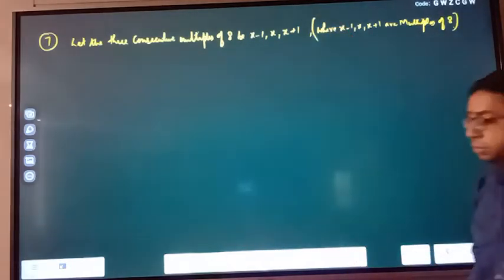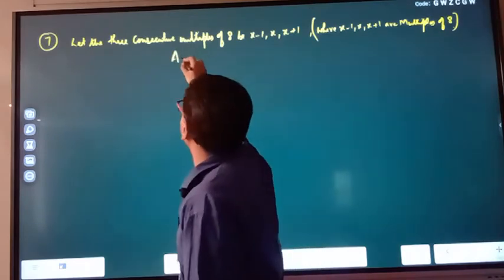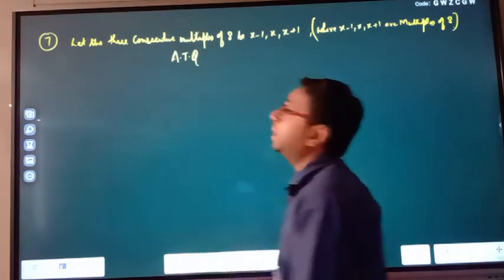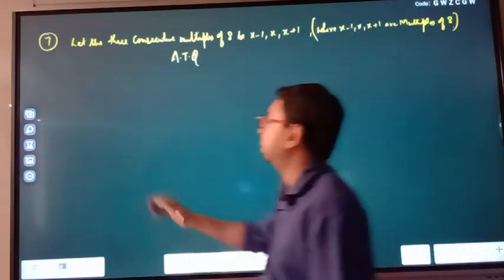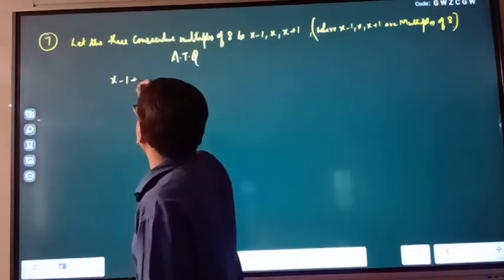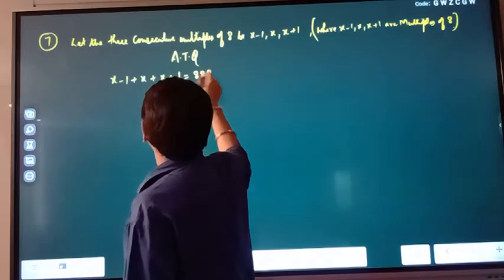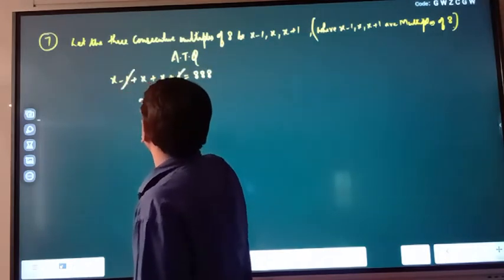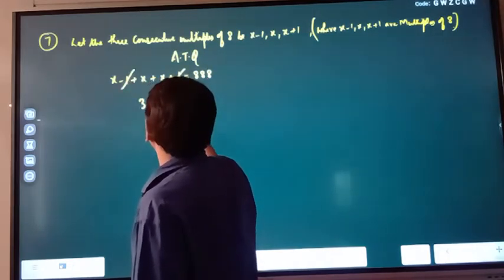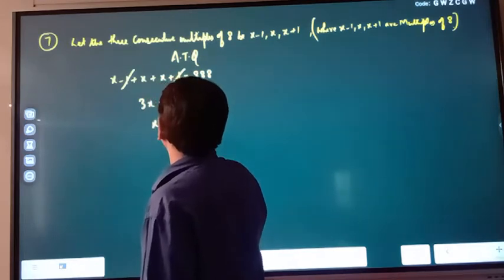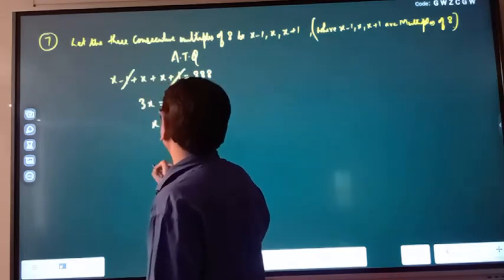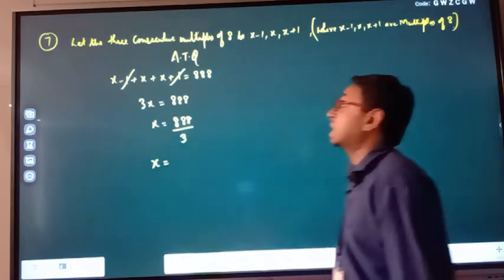Clear? According to the question, they add up to what? 888. That's why x minus 1 plus x plus x plus 1 is equal to 888. Cancel out. 3x is equal to 888. x is equal to 888 by 3. Tell me what is the value of x.